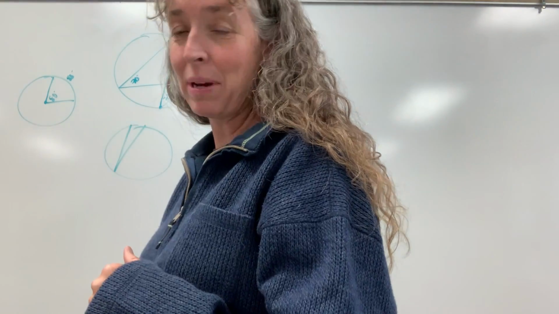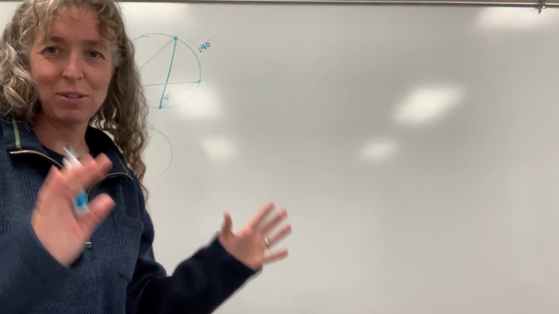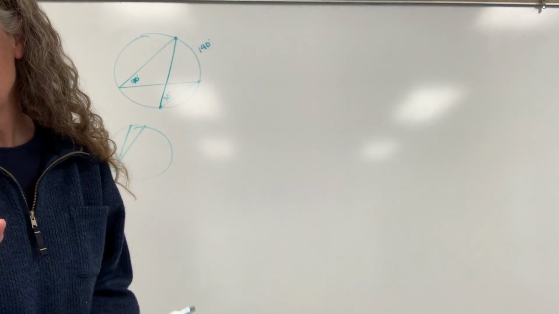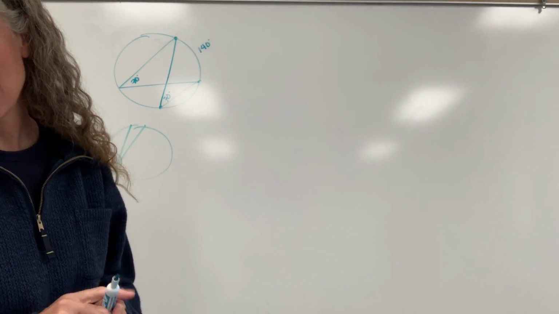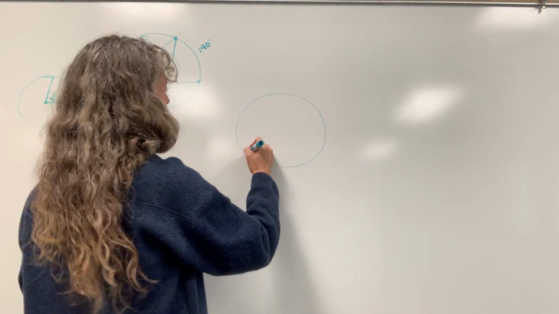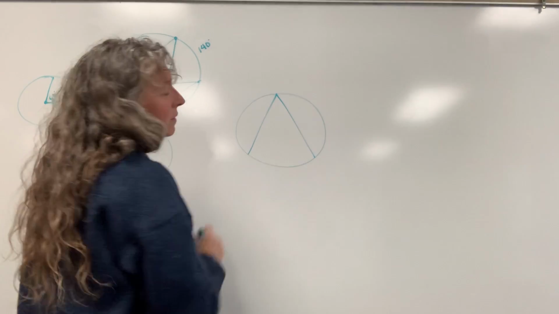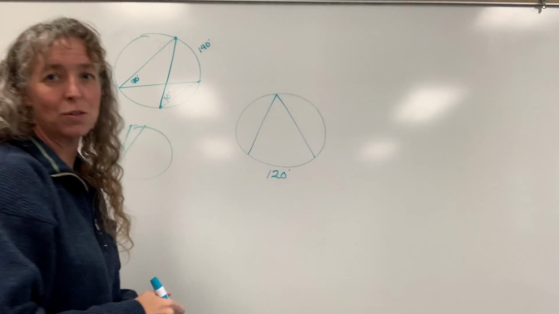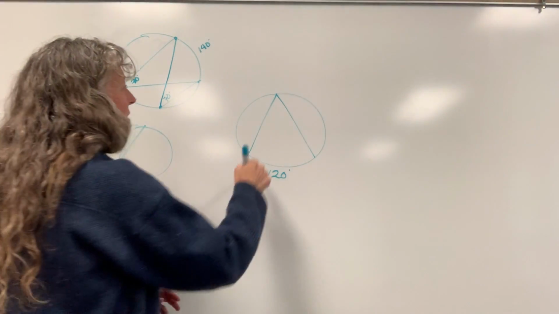Example number 1 on page 821. See, now I'm going to have to switch over here because I could only do it for so long. All right. RST, angle RST. Notice in our example, angle RST is up here, and it runs into an arc that's 120 degrees. Remember, the angle is half the arc.